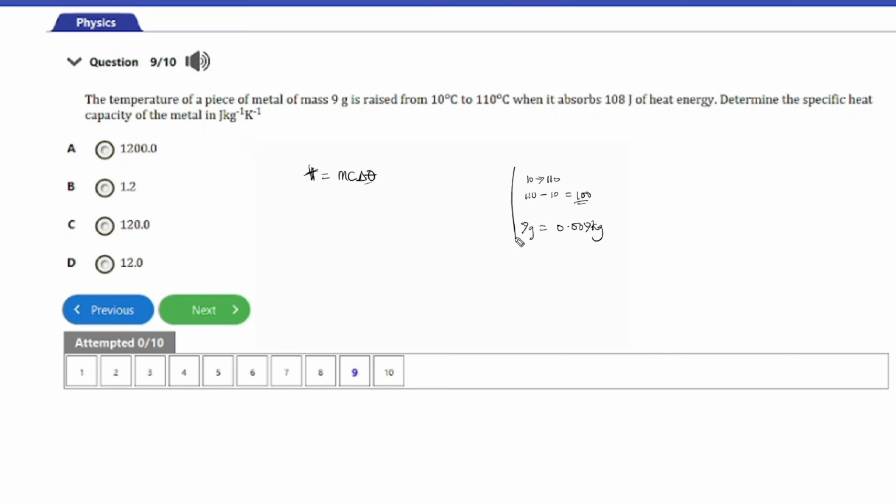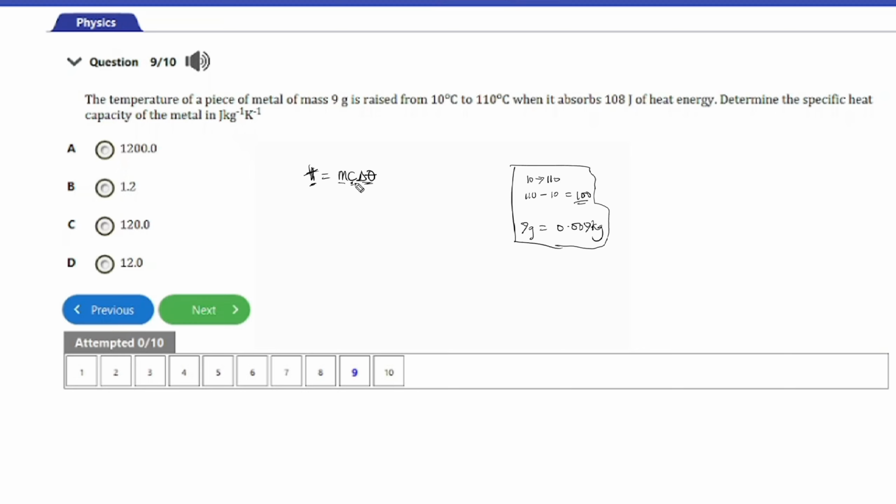Recall that to convert from gram to kilogram, you just divide by 1000. So guys, since we have the mass, the change in temperature, and the heat energy, we are looking for C here, that's the specific heat capacity.